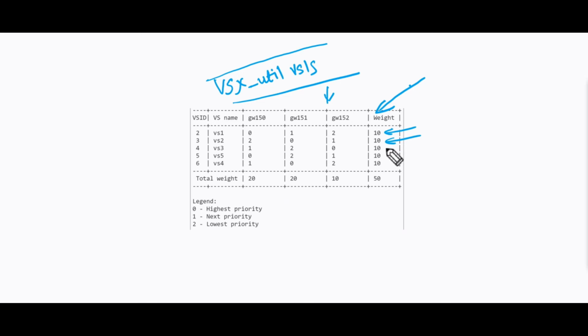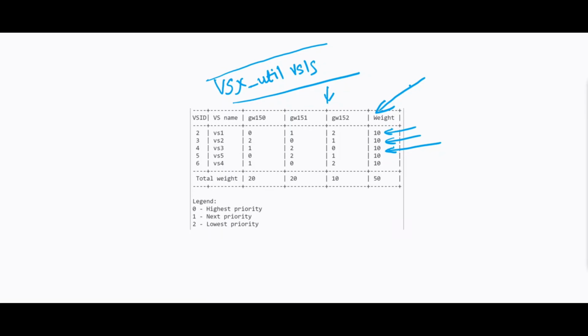So this weight which you are seeing now, 10 10 10, you can modify depending on your requirements. When you assign a heavier weight to a virtual system, it gives it a larger share of resources on a specific VSX cluster member, and other virtual systems have less load, maybe sometimes due to failover scenarios.